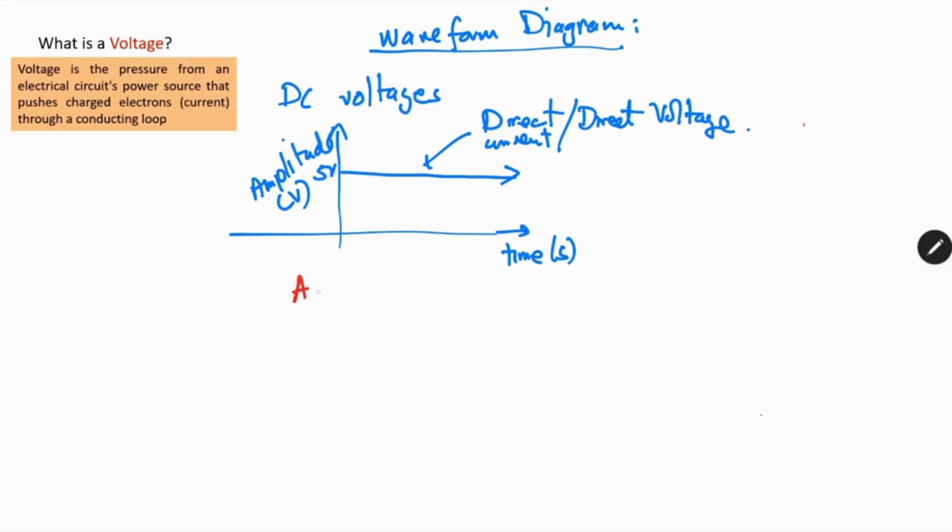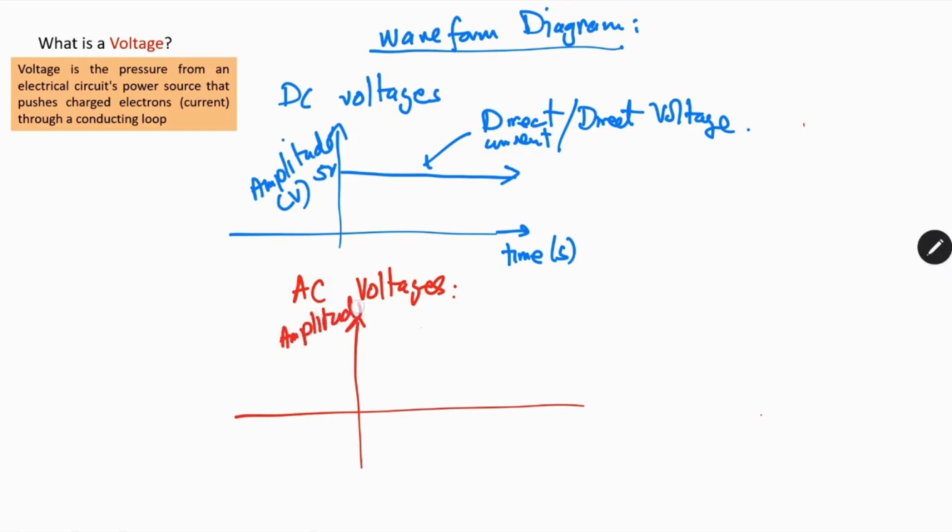So how about the AC voltages? In AC voltages, we can see from the diagram, it also has the amplitude, which is in terms of the voltage, and we have the time, which is in seconds. In AC, since it is alternating, that means alternating between what?